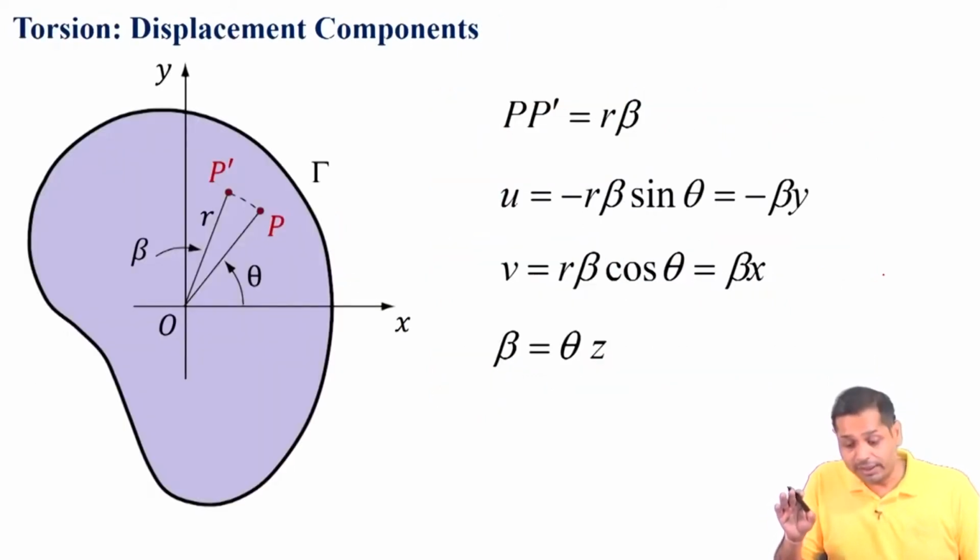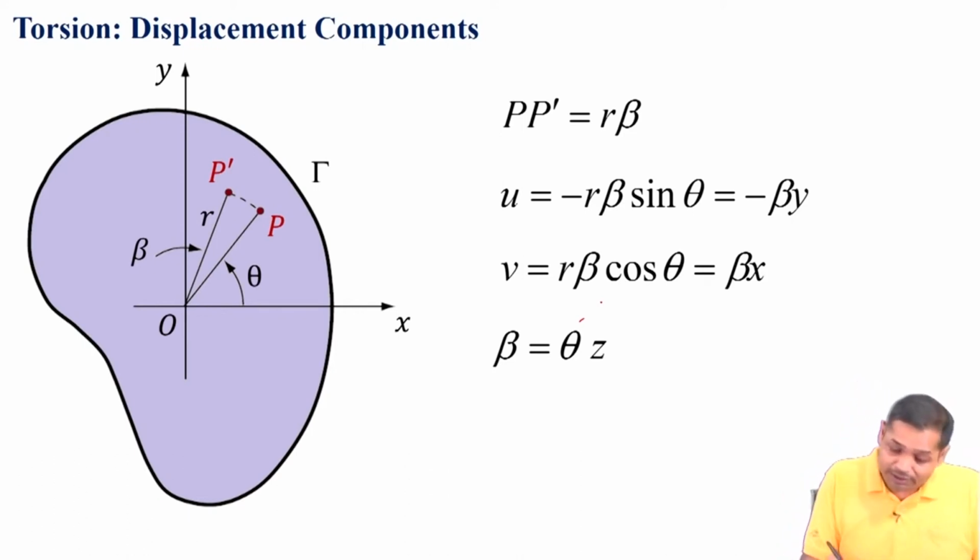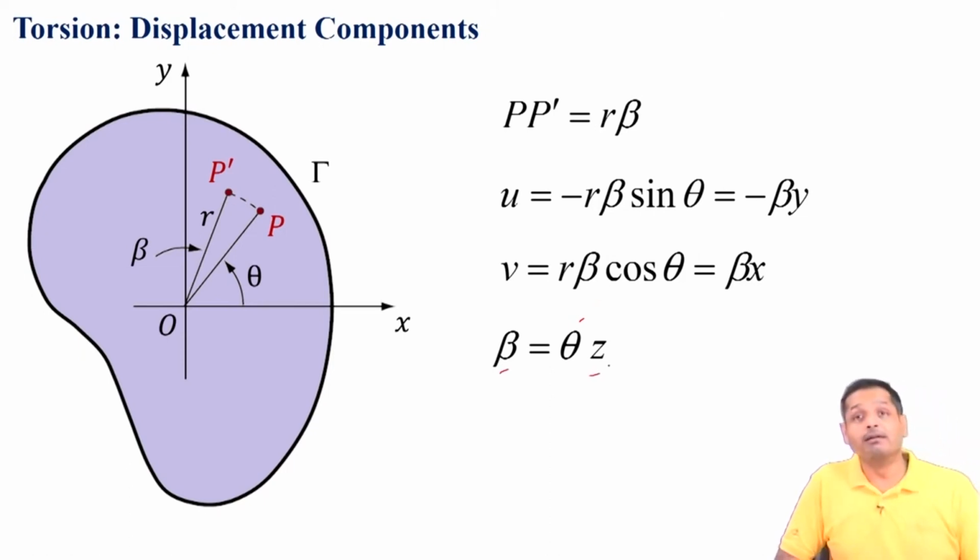Means if theta is the angle of twist per unit length, then this rotation, this beta will be a linear function of z. So, this theta is the angle of twist per unit length, and z is along the longitudinal axis.